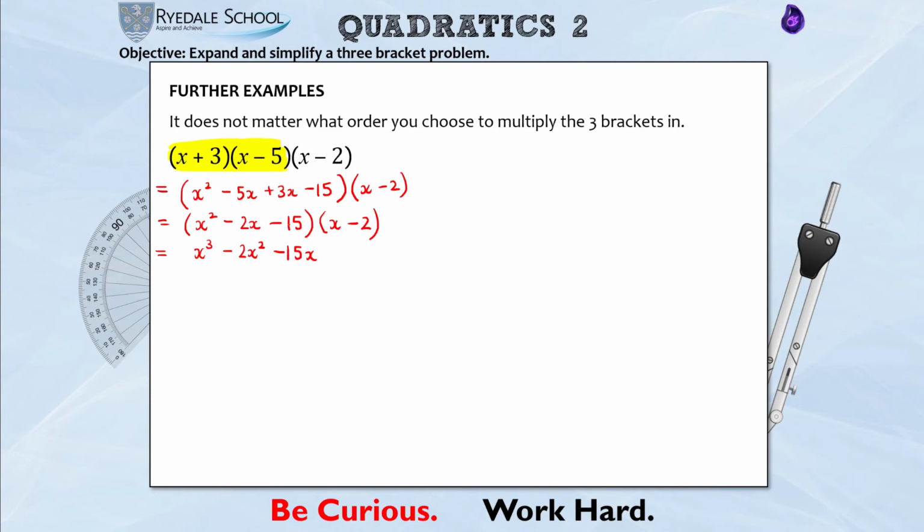So that is all 3 parts multiplied by x. Now let's do the negative 2. Negative 2 times the x squared, negative 2x squared. The negative 2x times the negative 2. So negative times the negative, that one is going to be positive, positive 4x. And negative 15 times negative 2, positive 30.